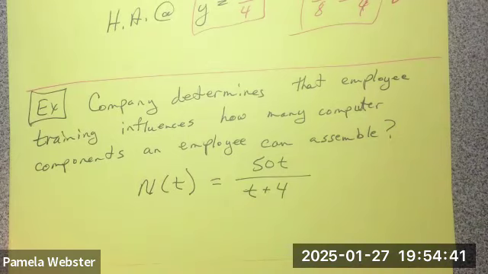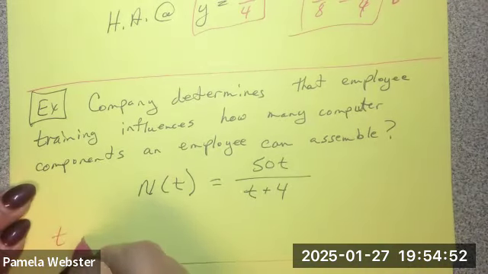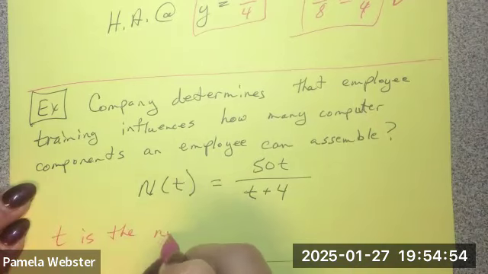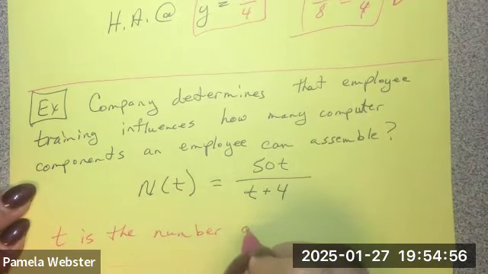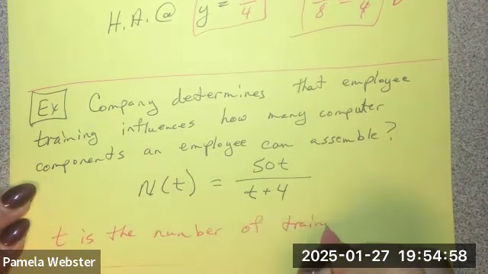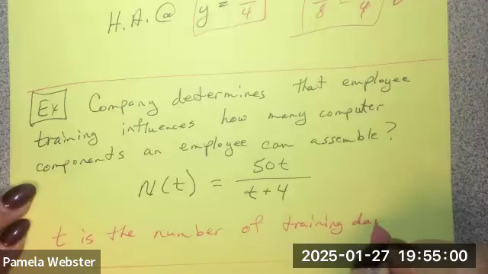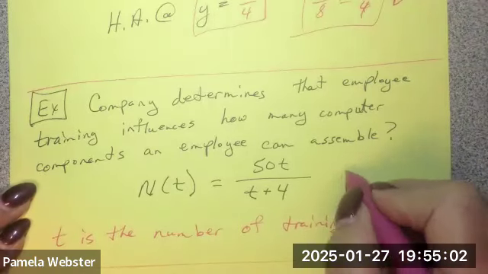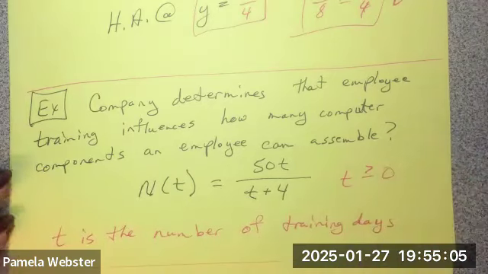N of T equals 50T over T plus 4. And they put a couple of little stipulations on it. First of all, they say T is the number of training days. And then they say T needs to be greater than or equal to 0.